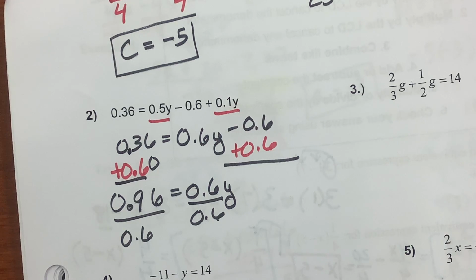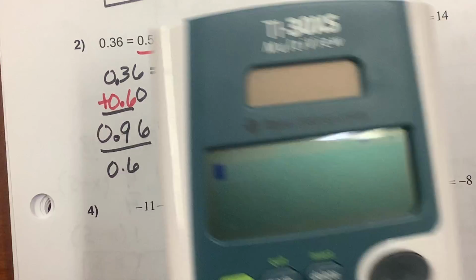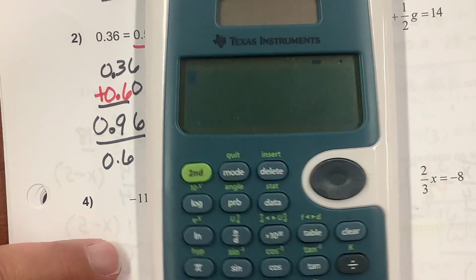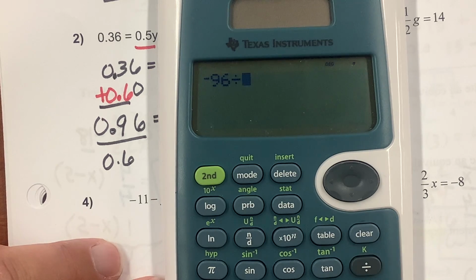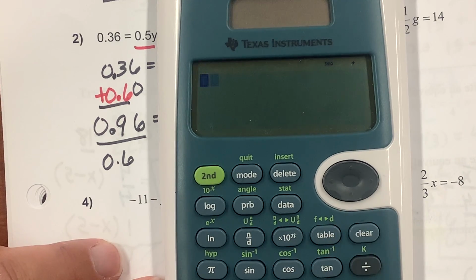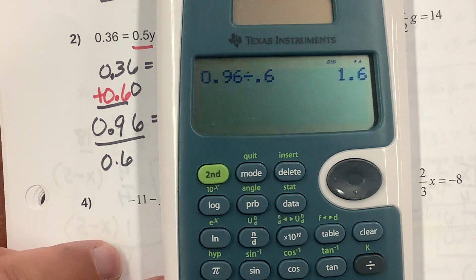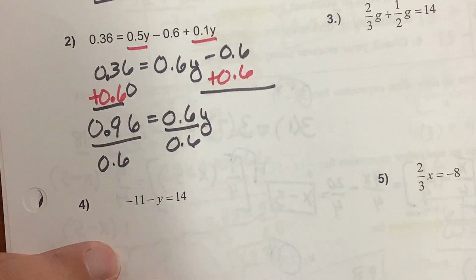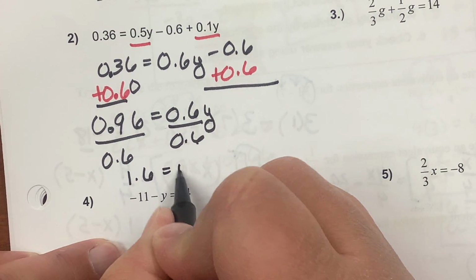You got to use your calculator. 9600ths divided by 6/10. And you get 1 and 6/10. Well, that's not so bad at all. There we go. So 1 and 6/10 equals y.